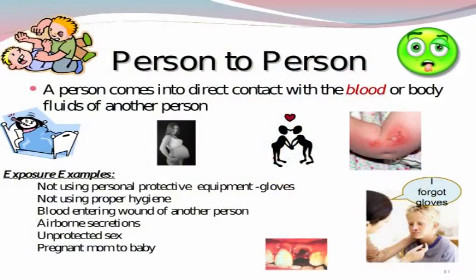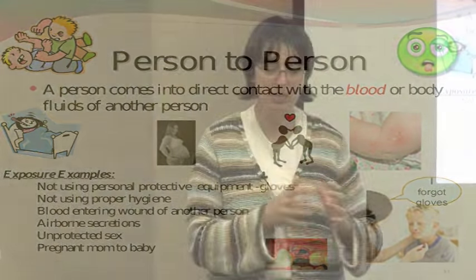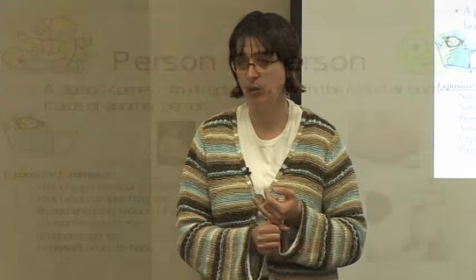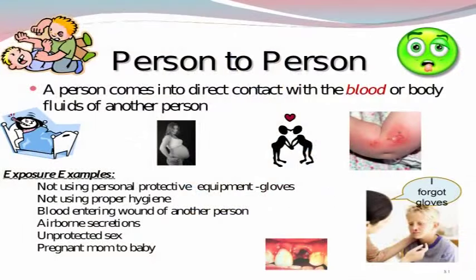So person to person is when you actually come in direct contact with the blood, okay, or body fluid from another person. So there's no object, it's actually just the direct contact. So we can possibly get exposed this way by not using our personal protective equipment, okay, so not using gloves, by not using proper hygiene.